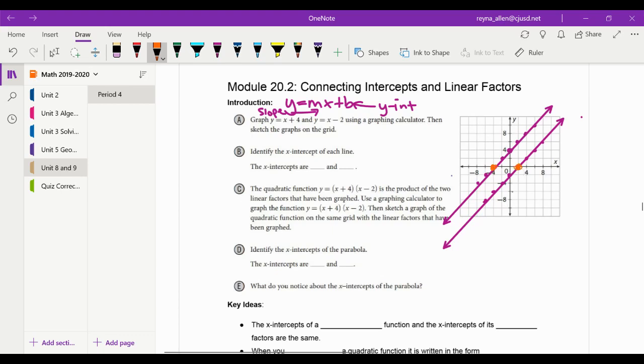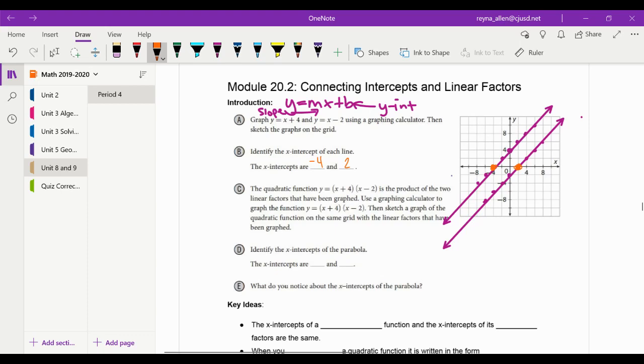So what are those two numbers? We have -4 and we have 2. Counting by 2s, 2, 4, -4. So if the problem just said, I want you to figure out the intercepts, you would be done. So that's one method.